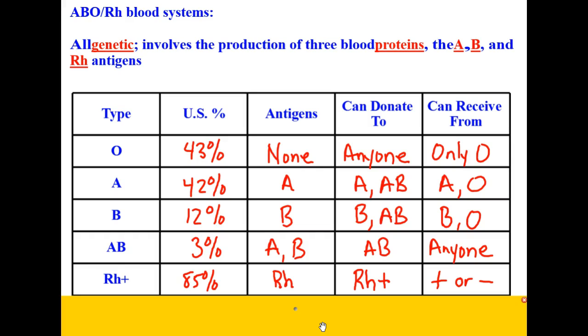To be positive for Rh protein means you have the Rh antigen. And 85% of the U.S. population has the Rh protein. They can only donate to other Rh positive individuals, but they can receive from either positive or negative, because negative means you don't have the protein.